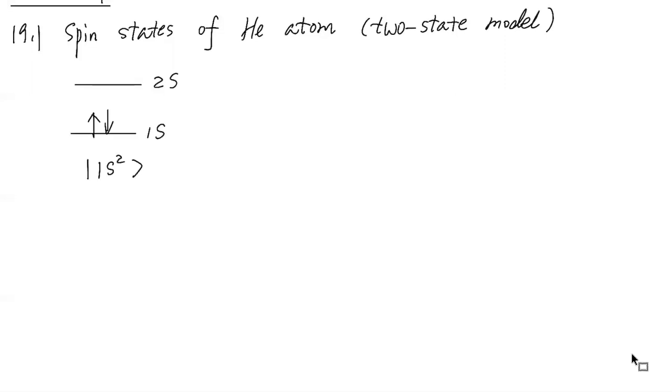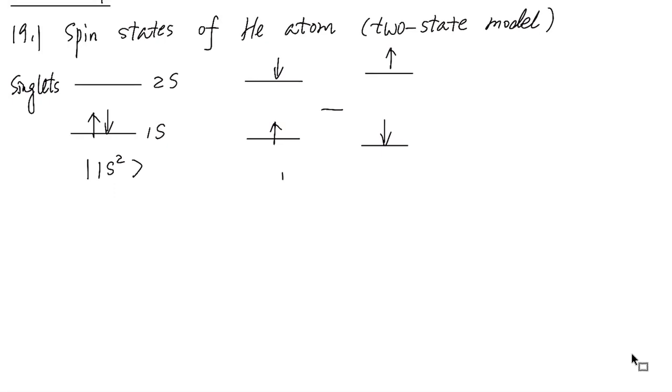And of course, this gives you a singlet. Another configuration could be 1 up and 1 down. But of course, we know this is not a spin eigenfunction. And the singlet is actually a linear combination of 1 up, 1 down, and 1 down, 1 up.